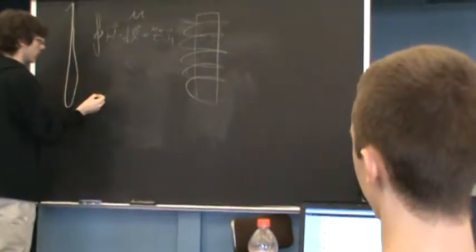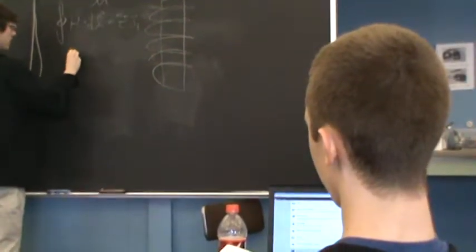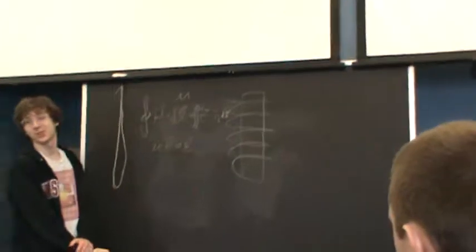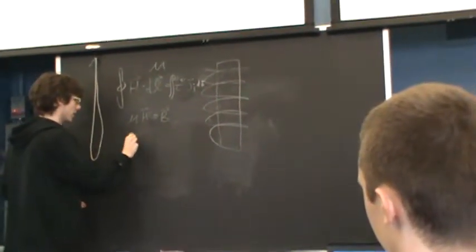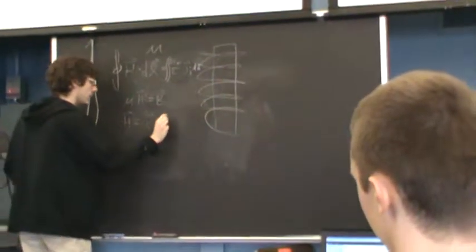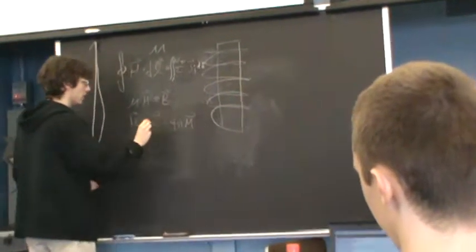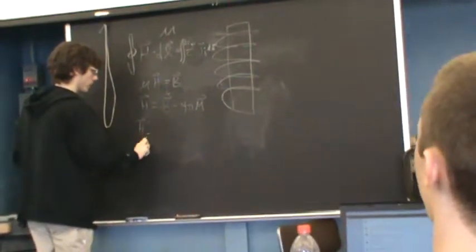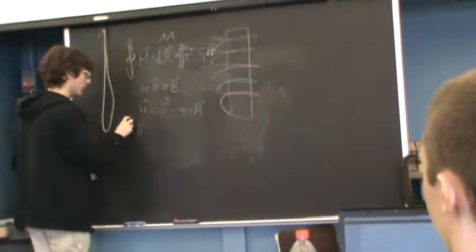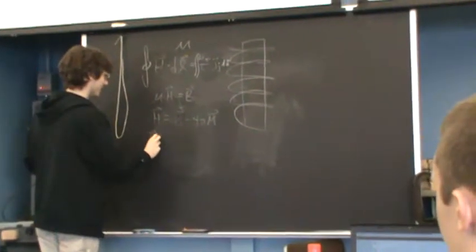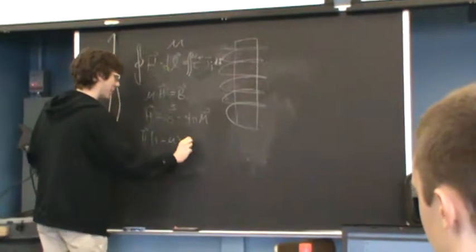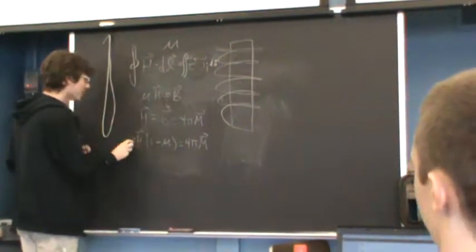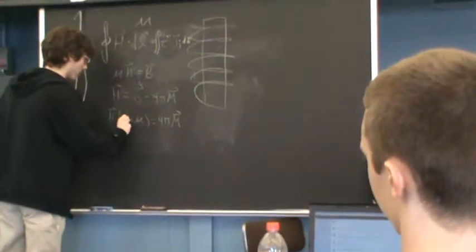All right, and then there are two relations between H and B. The first is that mu H equals B, and the second is that H is B minus 4 pi M. Plugging this in, you get H times 1 minus mu equals minus 4 pi M. There's a minus sign here, so we're going to make this mu minus 1.